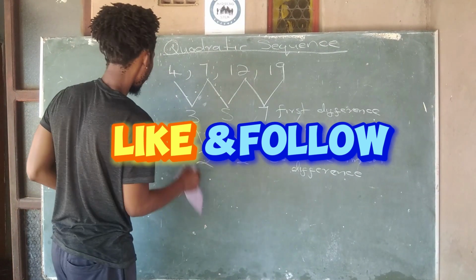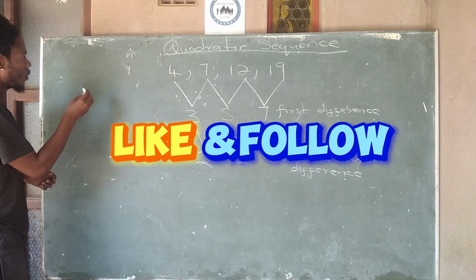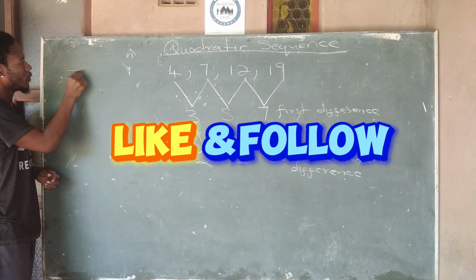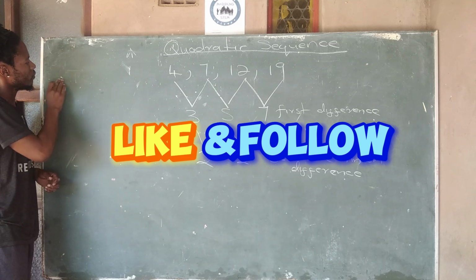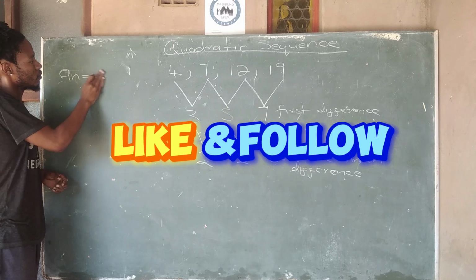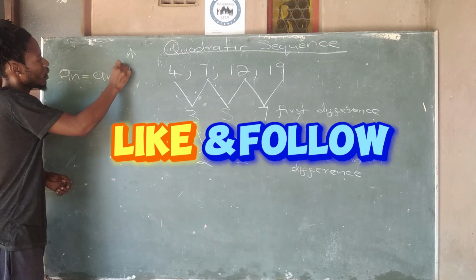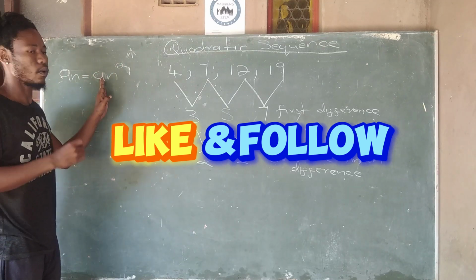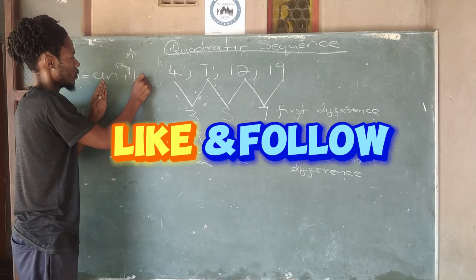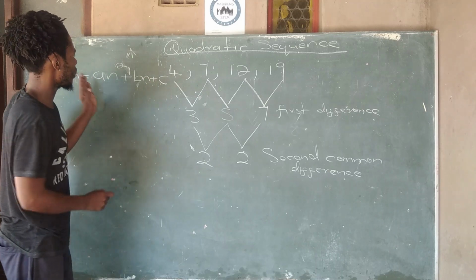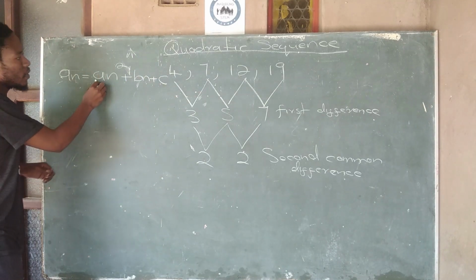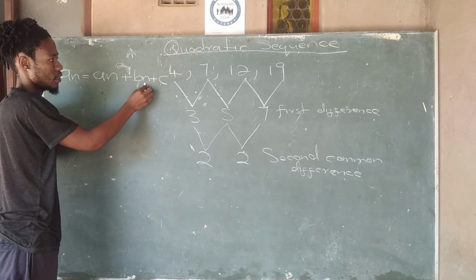So in this case, we have a formula for general term. It's a quadratic, so it will have a square like this. This is a quadratic formula. We have an squared plus bn plus c.